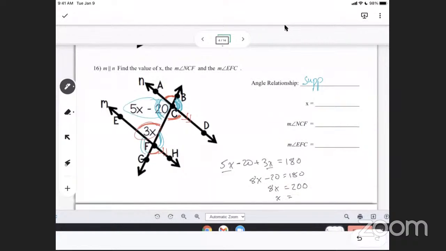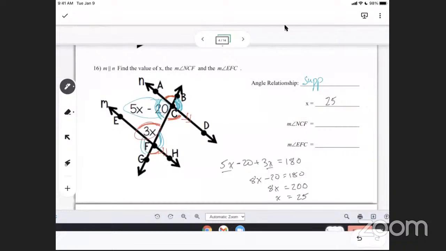What's 200 divided by 8? Can't do that off the top of my head. 25. So 25 is your x, and then find NCF.